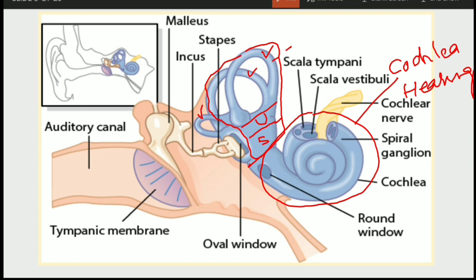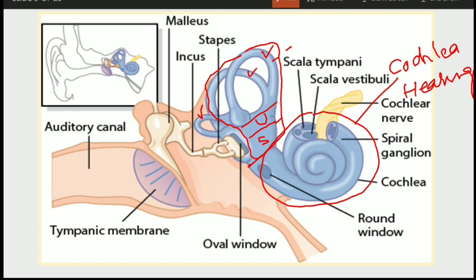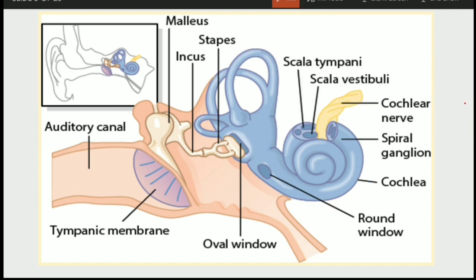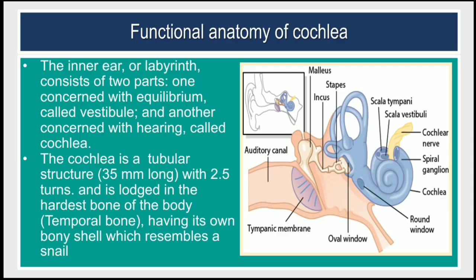If you want to see the internal structure of the cochlea, you put in a cut section and enlarge that cut section. This is our cut section, and you enlarge it and see it in our next slide, where we are discussing the structure of the inner ear, the cut section of the cochlea.